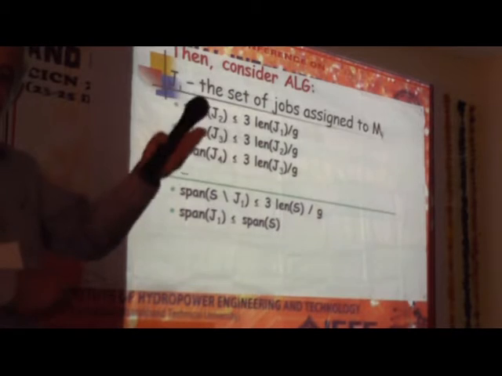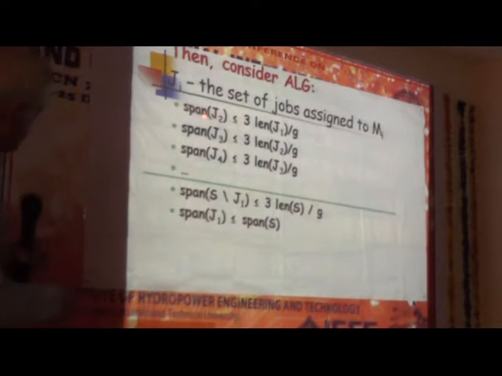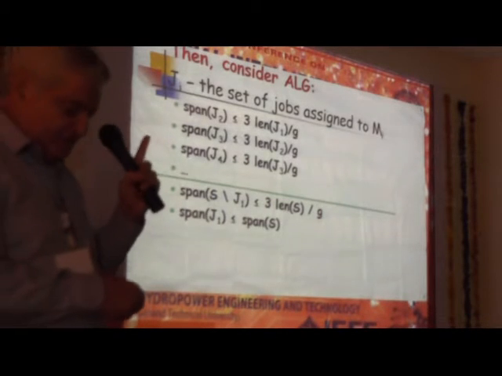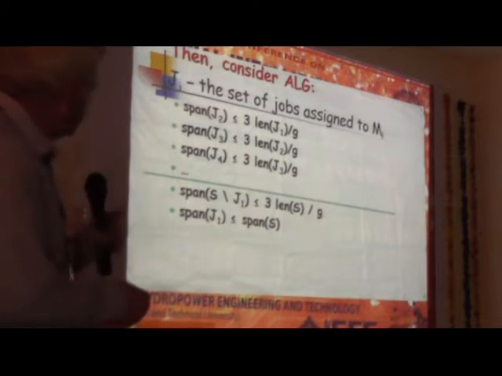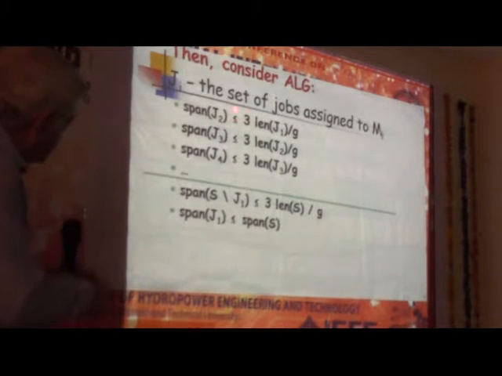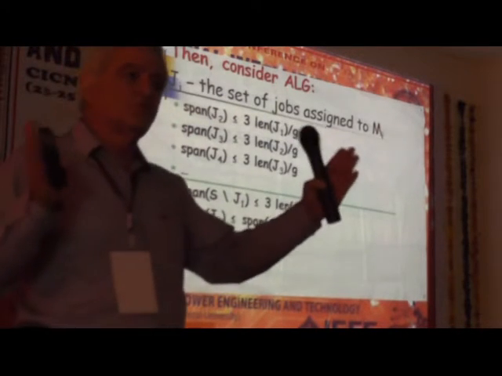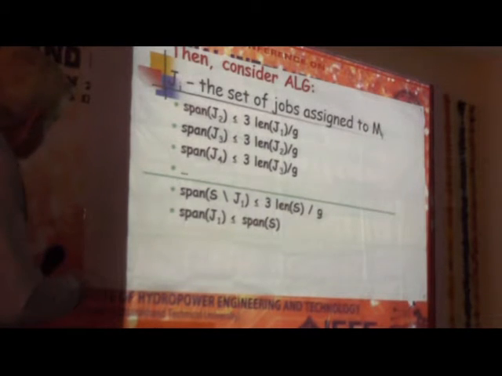Jobs 1 to machine 1, jobs 2 to machine 2, jobs 3 to machine 3, etc. So you can prove, and if you look at the algorithm this is the most tricky point, the span of J2, the time that machine number 2 was working, is at most 3 times the length of the jobs processed by the previous machine over G.